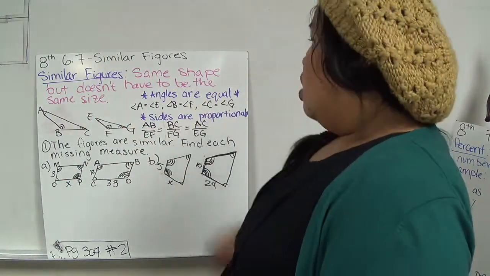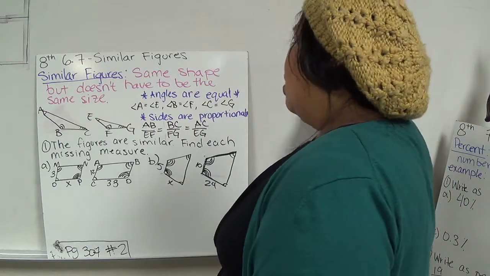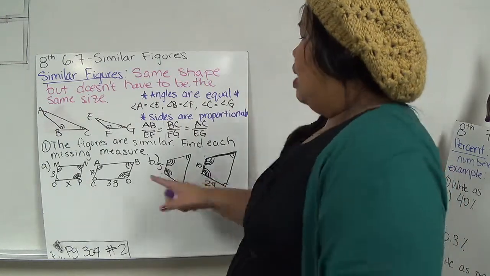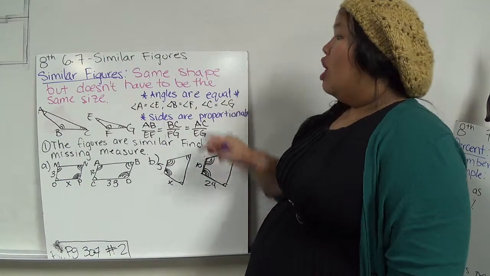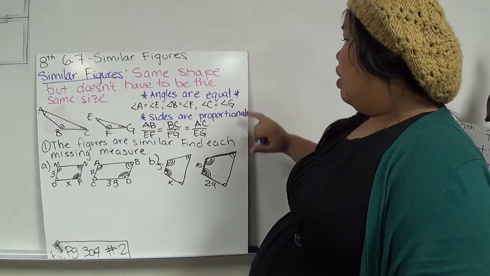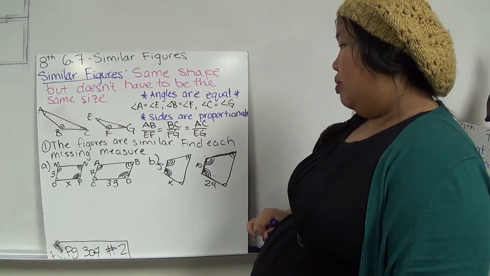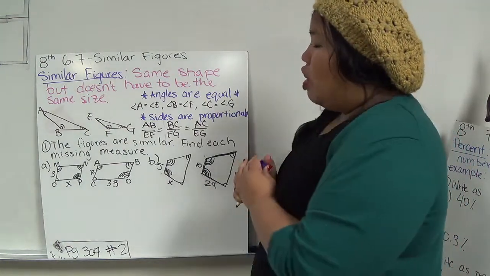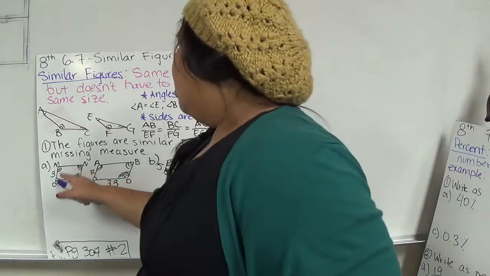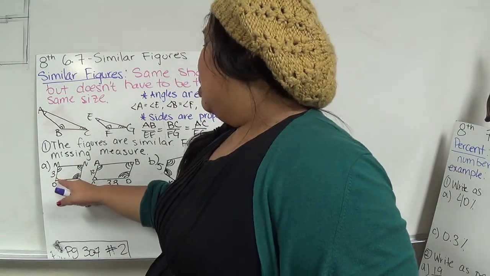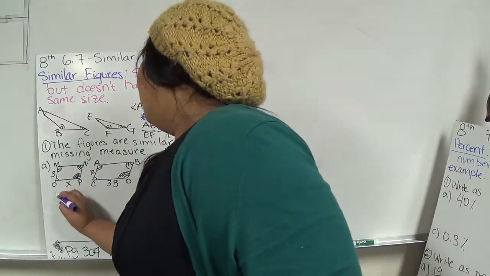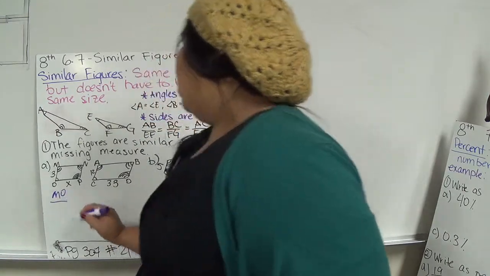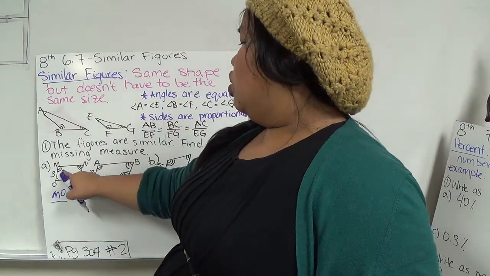Okay? So number 1, the figures are similar. They're stating that in both A and B they're similar, so we're assuming two things: all angles are equal and all sides are proportional. I need to find each missing measure. In this case, MO is proportionate to AC, because this is 2, 1.